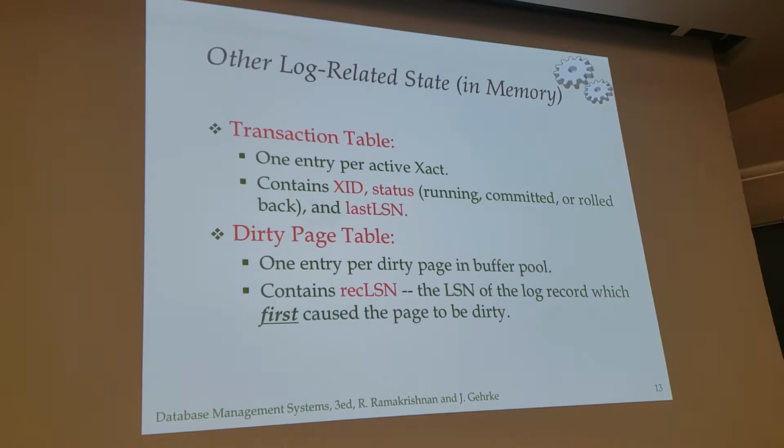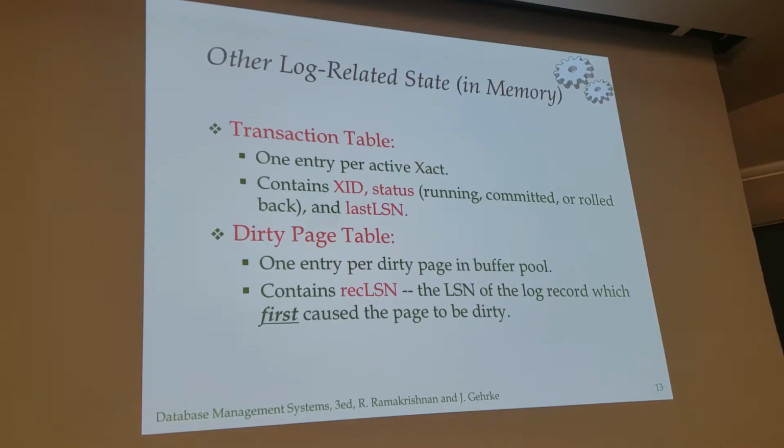And this is where we sort of stopped last time. There are things that are maintained in memory and that will have to get recovered in some form after a crash. These are data structures in memory, but again, we'll see how you recover them after a crash. There's a transaction table, which gives you information about the status of each transaction. So there's one entry for every currently active transaction.